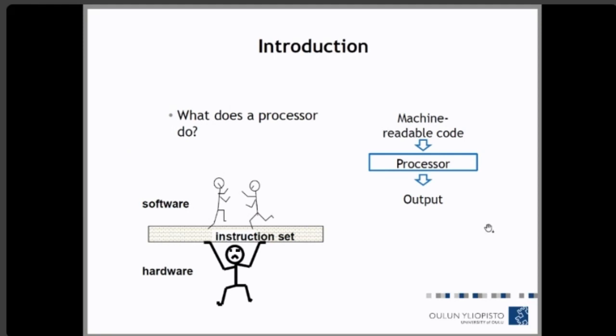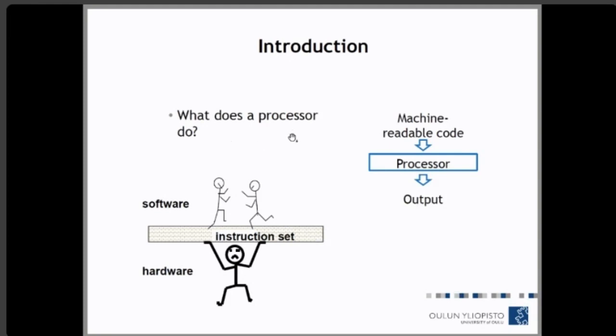So, as hardware designers, we design a processor, and we provide an instruction set, a set of small instructions that the software can be based on. So the programmer writes the code, let's say in C, Java, whatever.